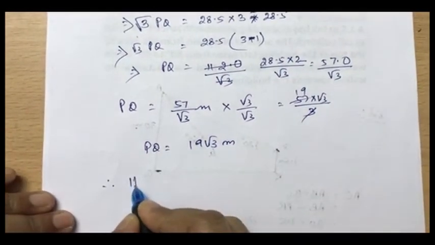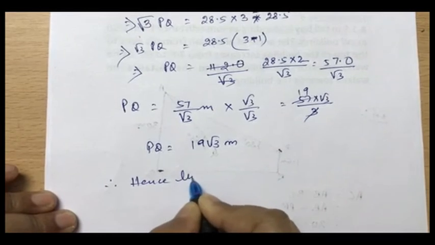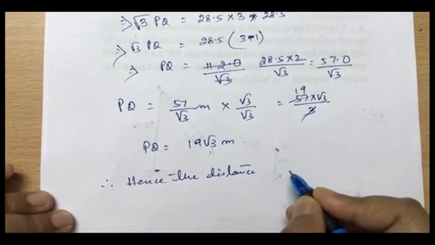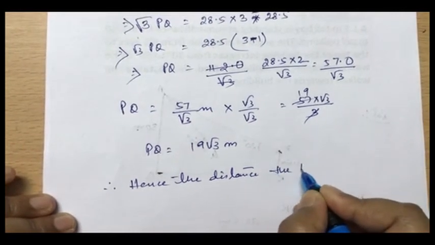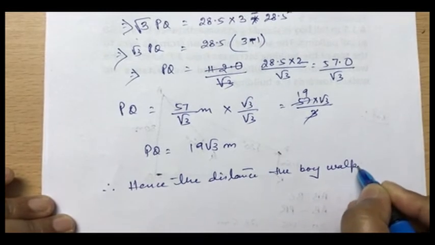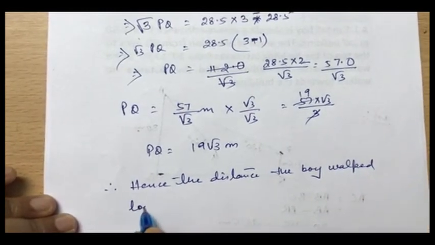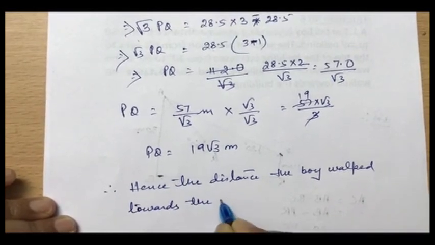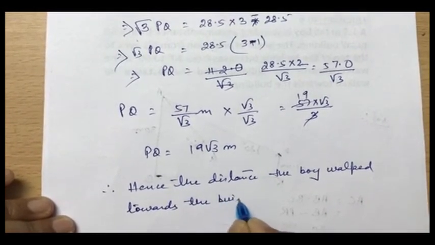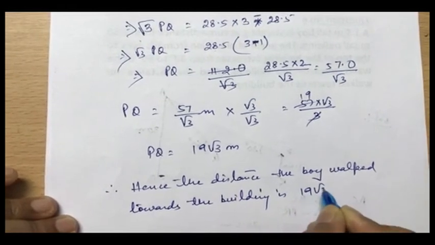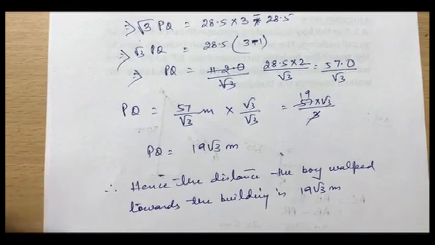Hence the distance the boy walked towards the building is 19 root 3 meter.